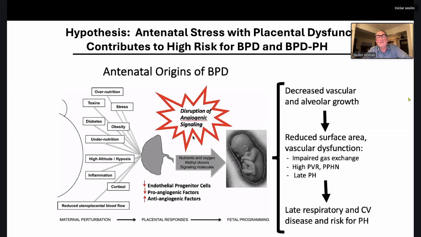And again, we were mostly focusing on disruption of angiogenic signaling. And there are a number of biomarker studies that have confirmed that you have fewer circulating endothelial progenitor cells, fewer circulating proangiogenic factors such as VEGF, and more anti-angiogenic factors present. So it seemed to come together that this should be the case.